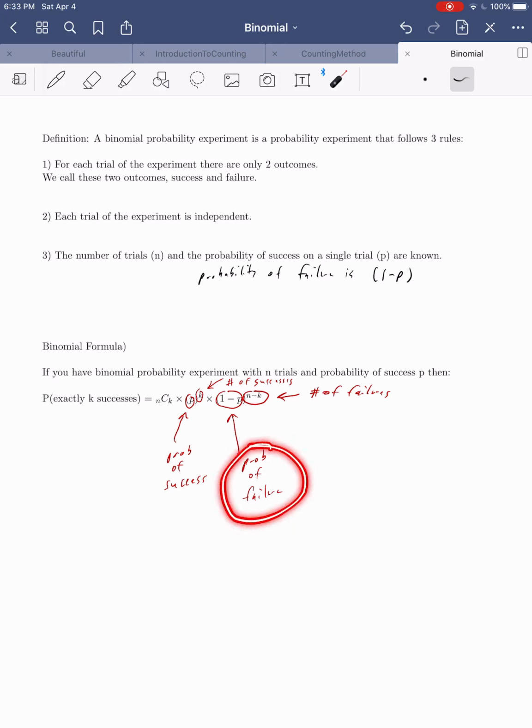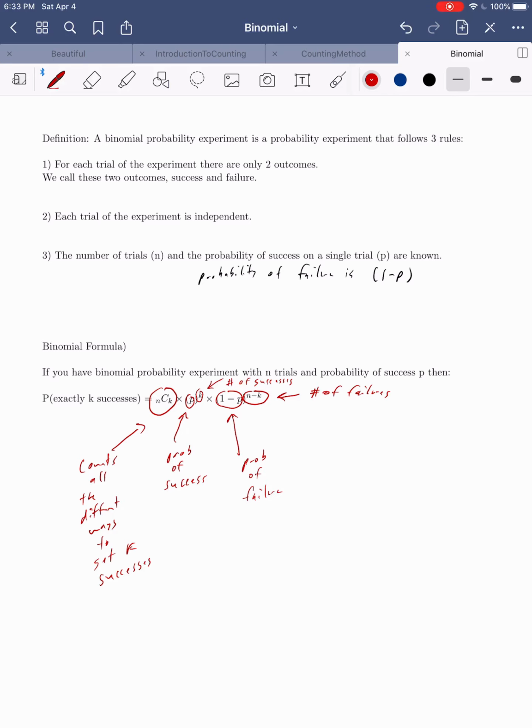What does this thing out here then do, that nCk? Well, this counts all the different ways to get k successes in n trials. So this counts all the different orders.